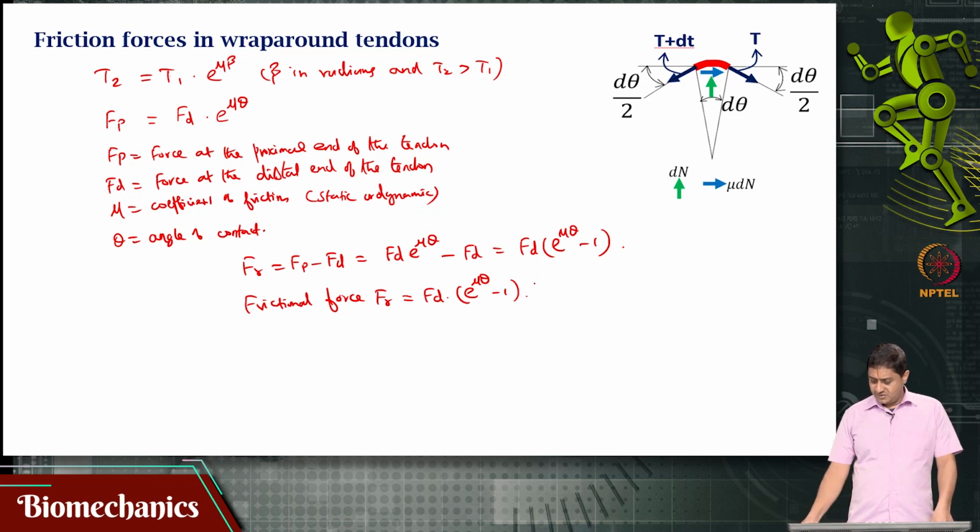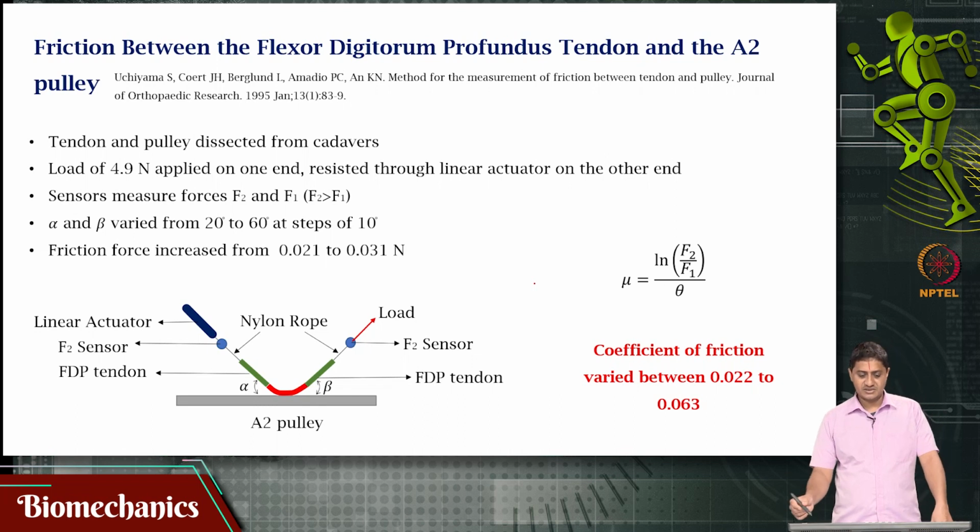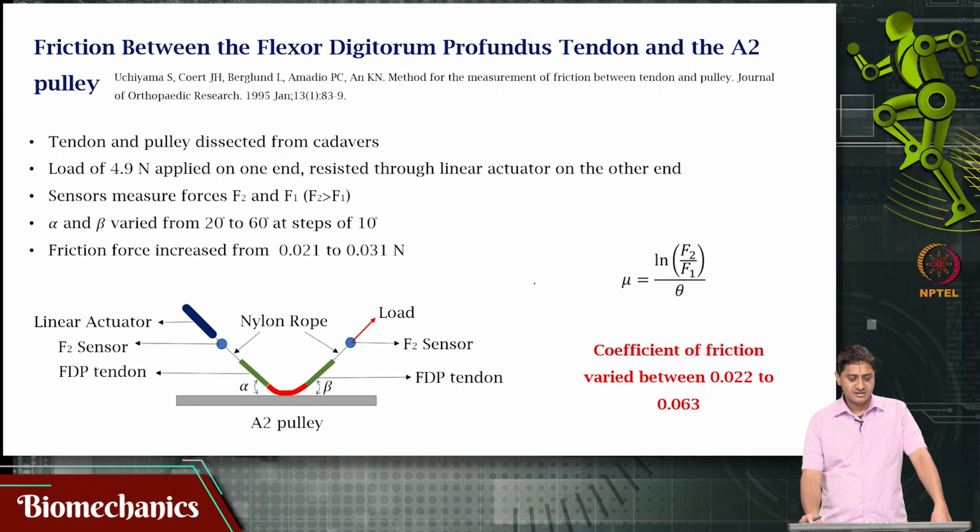Now, a question is, how is this directly relevant in biomechanics? Let us take a simple example, an experiment that was performed in the early 1990s, where they used essentially the same principle to find the friction between the flexor digitorum profundus tendon and the A2 pulley.